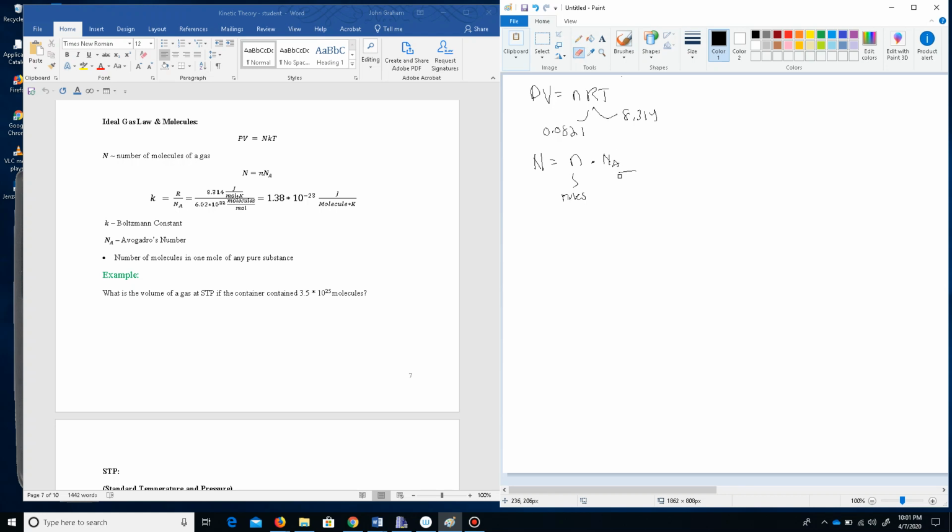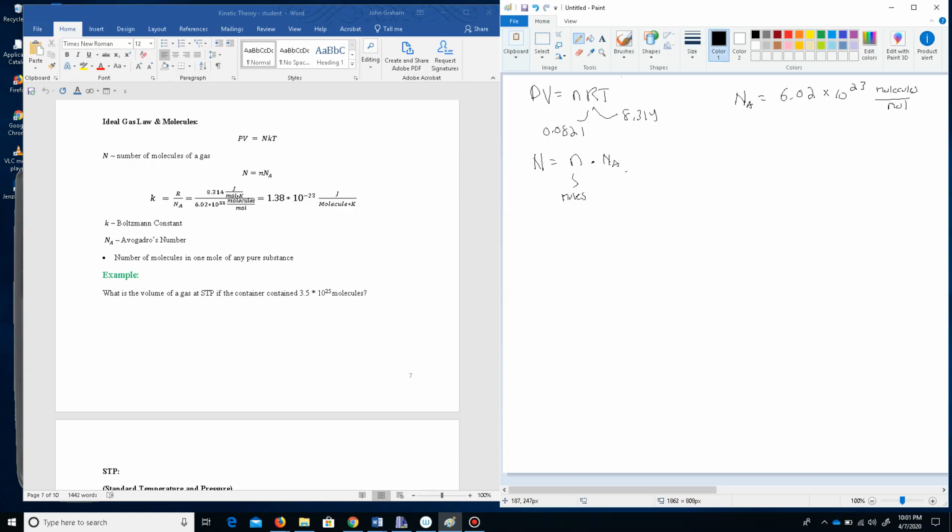Na is equal to 6.02 times 10 to the 23rd molecules per mole.